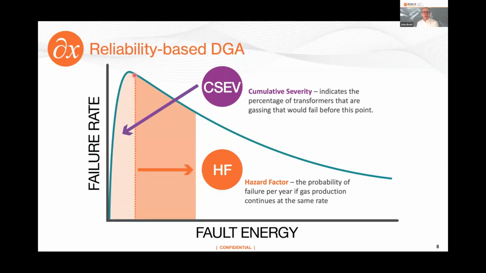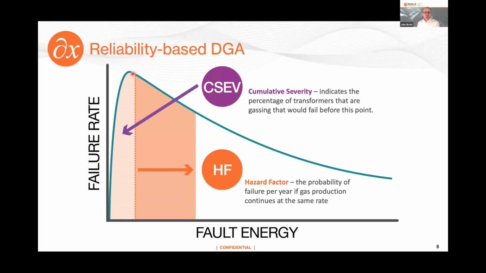And what you have under the area of the curve to the left of that is what's referred to as the cumulative severity. That indicates how many transformers that have gas would have failed before that point. Okay, so that basically tells you how lucky you've been playing Russian roulette so far.